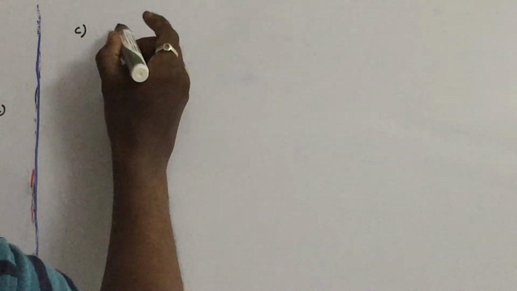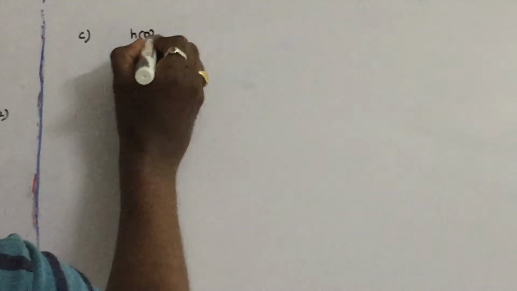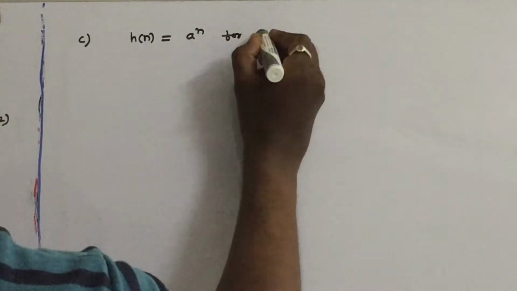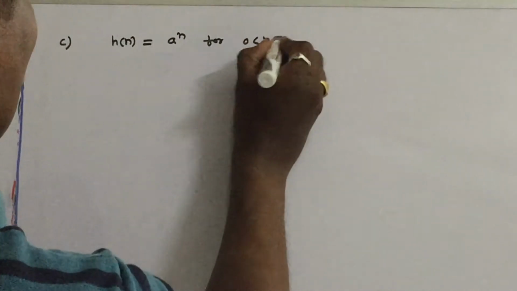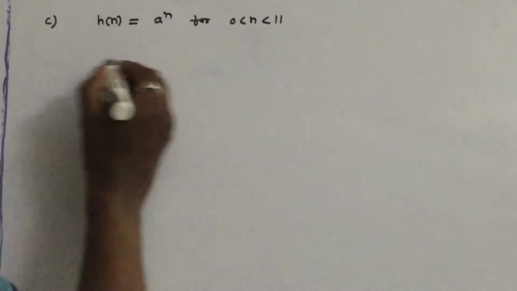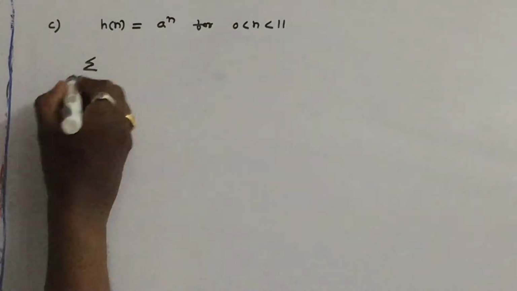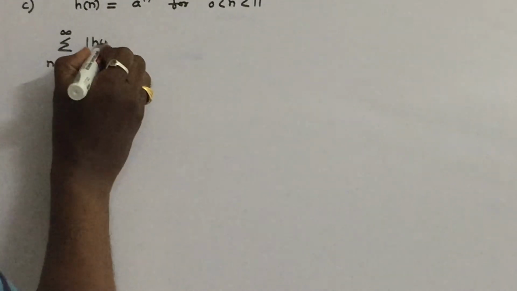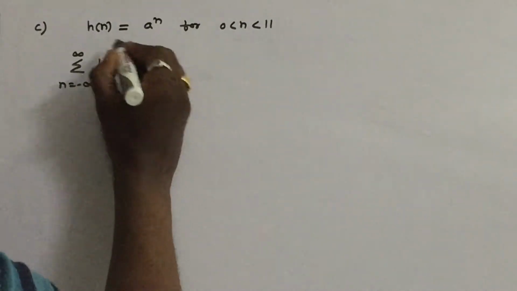Let us see question number C. The impulse response h of n is equal to a power n for 0 less than n less than 11. So check out the stability condition, summation n is equal to minus infinity to infinity modulus of h of n.